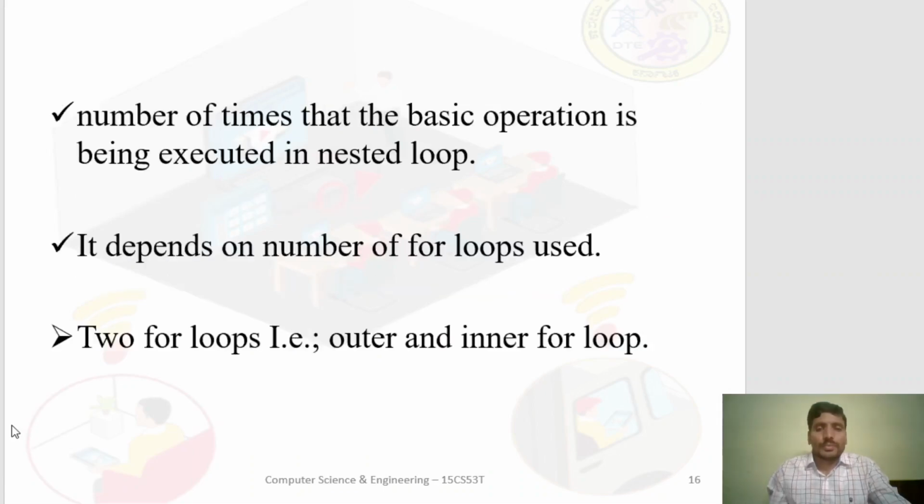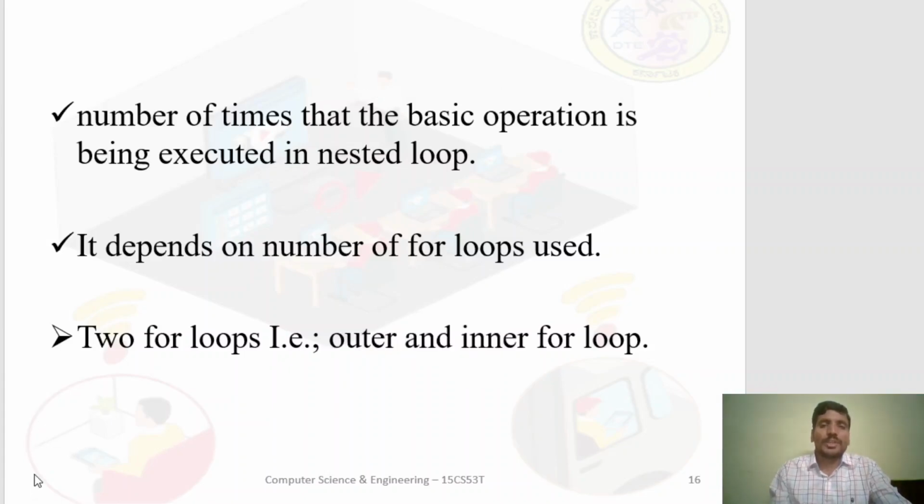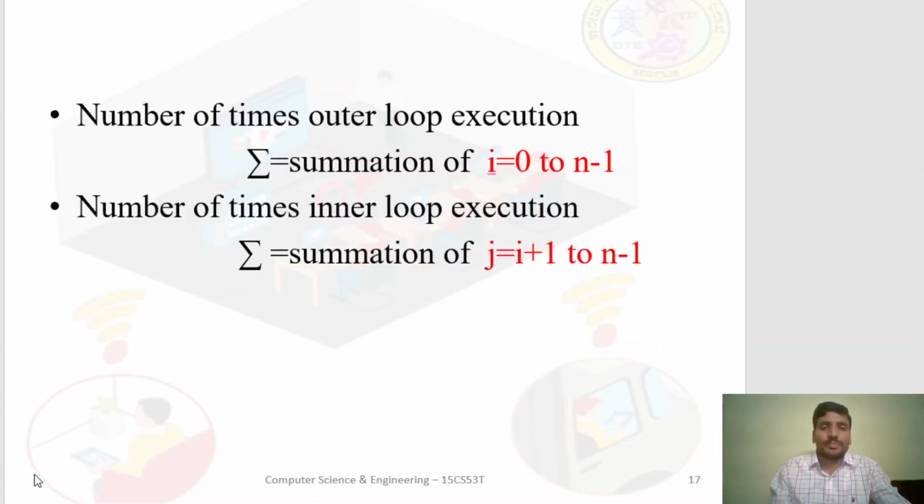So it depends on the number of for loops used. We are using two for loops: one is the outer for loop and the second is the inner for loop. And the basic operation is executed within the inner for loop.